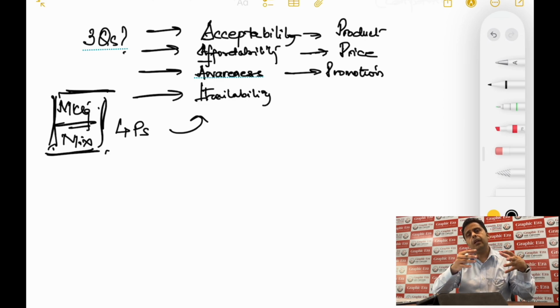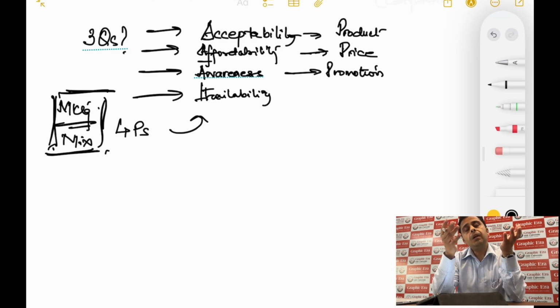So every company tries to position itself. Every country also in a way has been trying to position their products in a very different manner. And then within the cars also you have every company positioning itself.